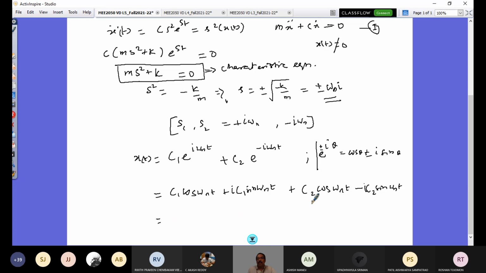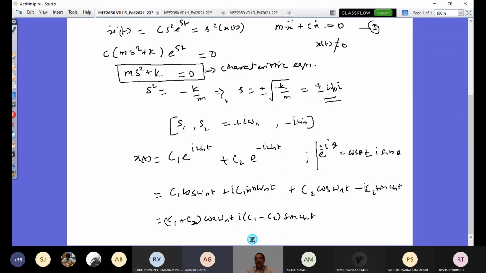So I will have these two there. So C1 plus C2, if I combine together, that would act as a coefficient for cos omega nt, plus here I have i into C1 minus C2 into sin omega nt.